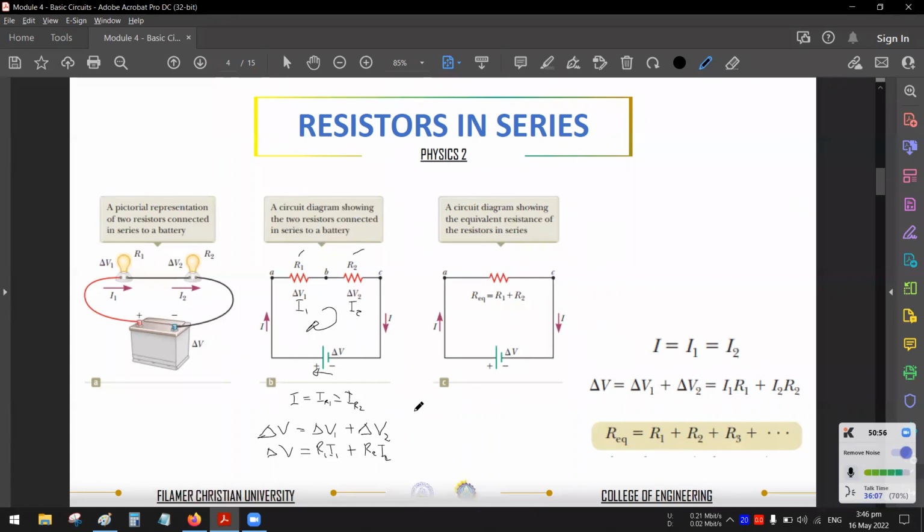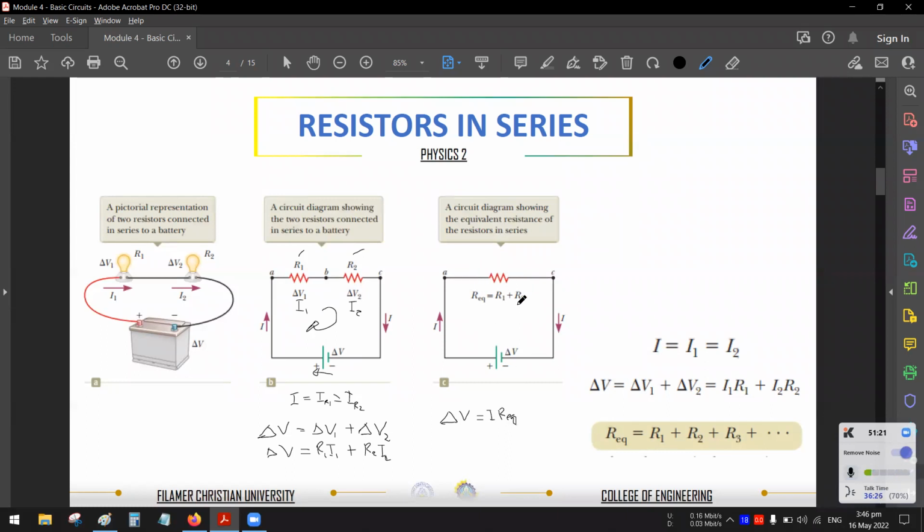So our equivalent resistance comes from the formula of the change in voltage equal to the current in the whole circuit multiplied by the REQ.